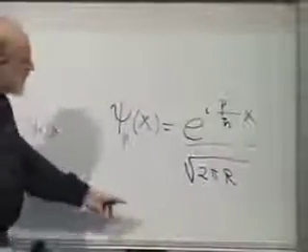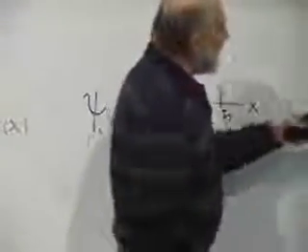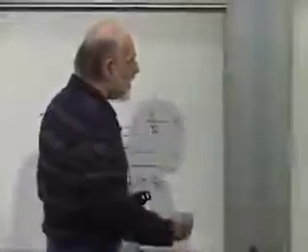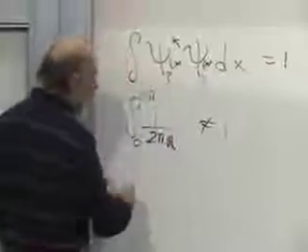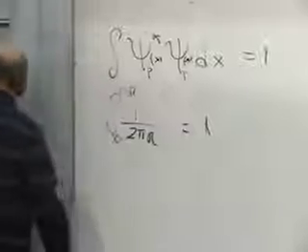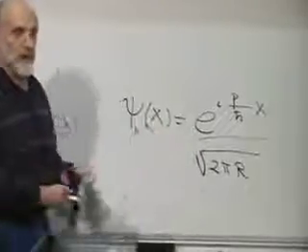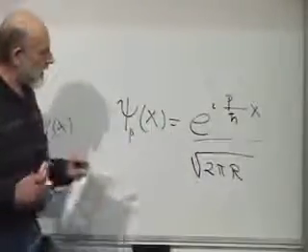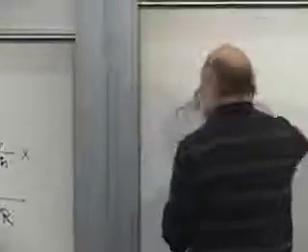It's just a numerical number that happens to depend on r. And if we do that, then psi star psi is just 1 over 2 pi r. This becomes the integral of 1 over 2 pi r from 0 to 2 pi r, and now it is equal to 1. This is just something to keep track of, that it's convenient to normalize these wave functions so that their inner product with themselves is equal to 1. It doesn't play any great role in what I'm going to say, but it's nice to get the formulas right.